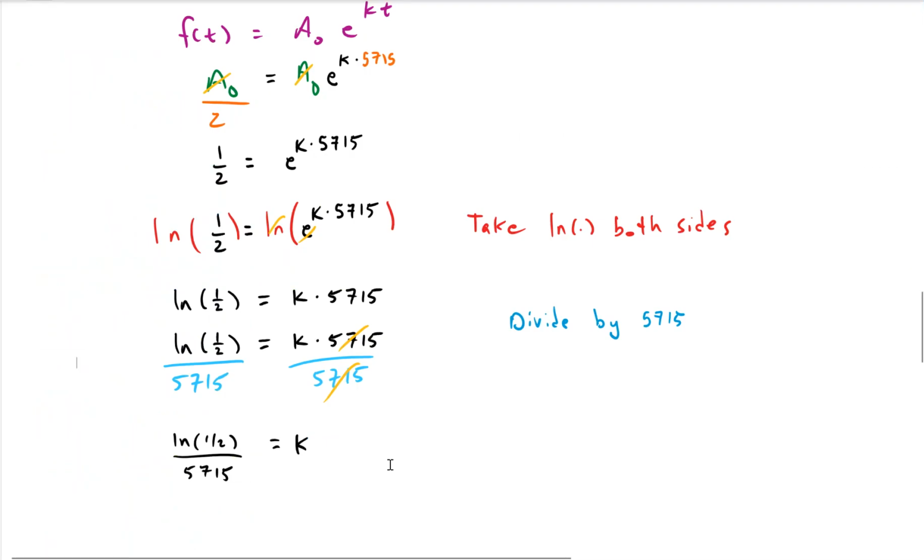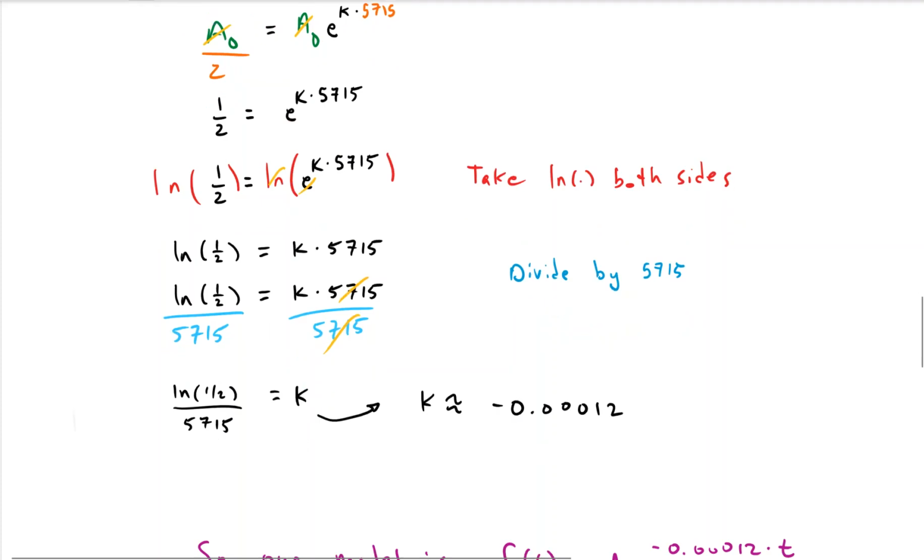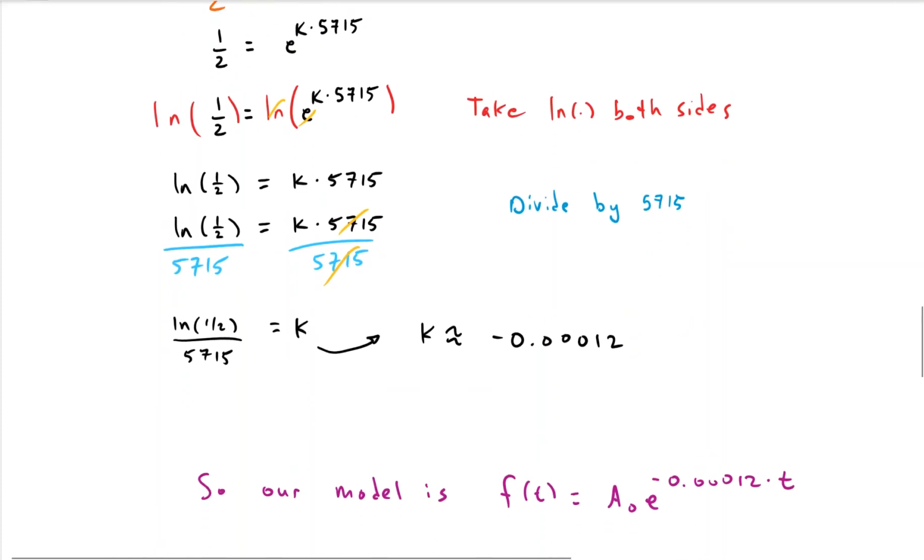That tells us that k is approximately equal to, we're going to round, k is approximately equal to negative 0.00012. So now we need to update our model, right? So now our model is f of t equals a naught times e to the, instead of having k, we have our decay constant. So we have our model.